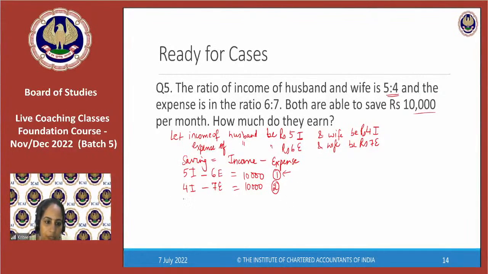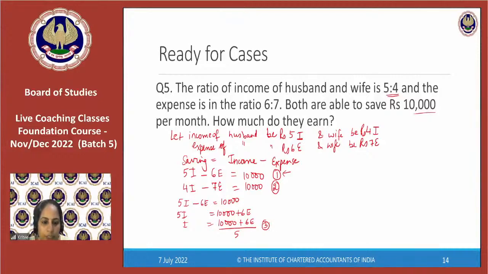As in, if 5I minus 6E is equal to 10,000, 5I is equal to 10,000. This minus goes here and becomes plus 6E. So I becomes 10,000 plus 6E by 5.